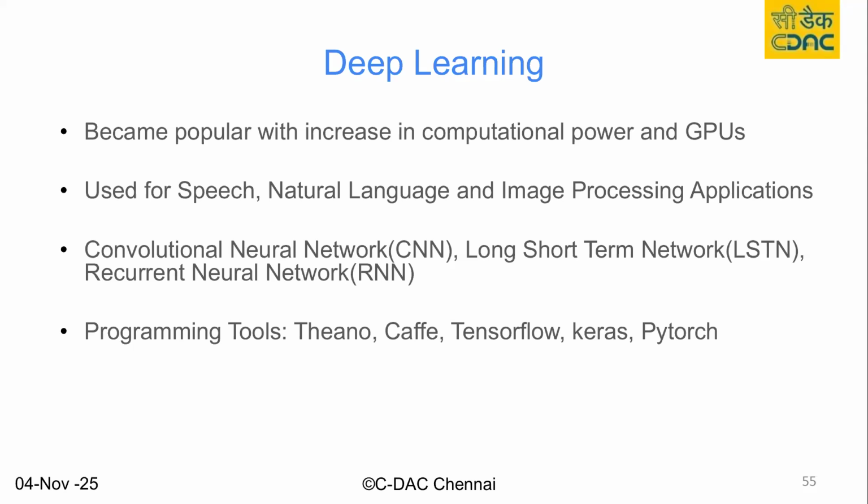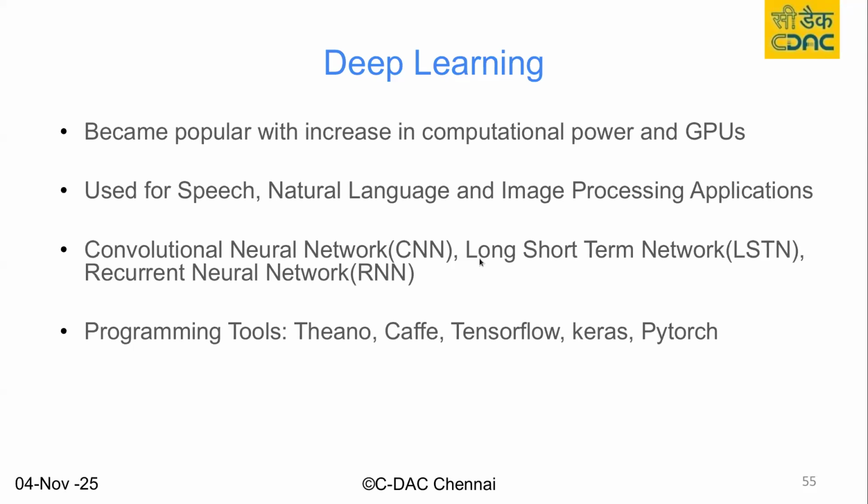It became like a revolution after 2008 that many people started using deep learning instead of artificial neural networks because there is a high percentage of increase in accuracy, and generally deep learning was successful for speech recognition problems, natural language processing problems, and image processing problems. I will be focusing more on image processing problems as this is an X-ray class. For image processing problems, we use convolutional neural networks.